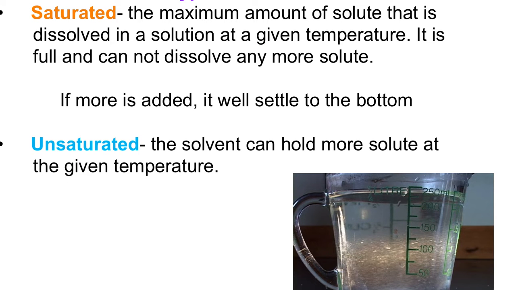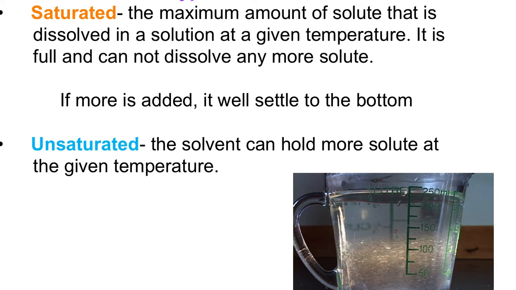So in terms of solubility, there's three types of solutions that you can have. The first one is called saturated. A saturated solution is the amount of solute that is dissolved in a solution at a given temperature. In other words, it is full and cannot dissolve any more solute. So take a look at our picture here. As you see, this looks like some salt water or something.